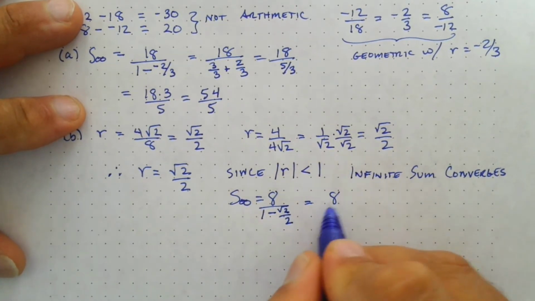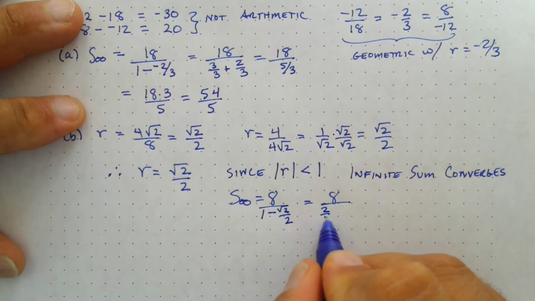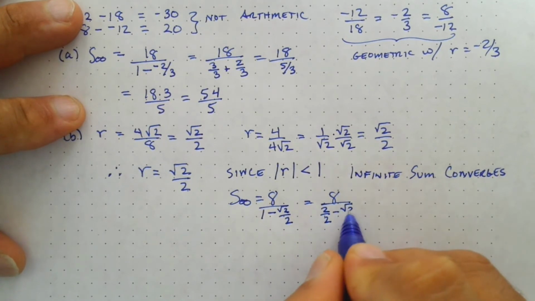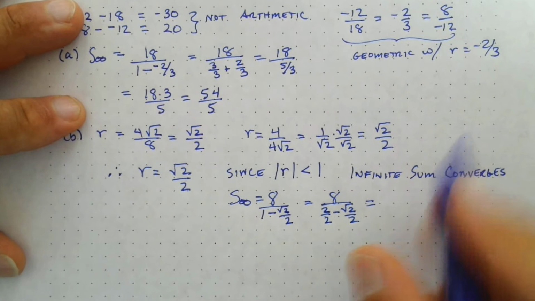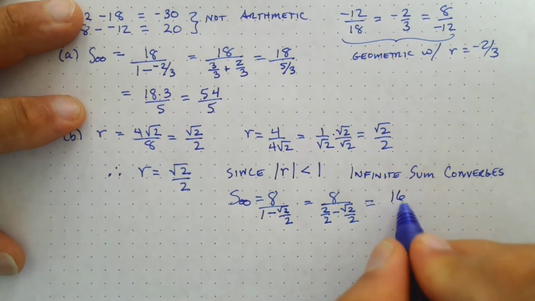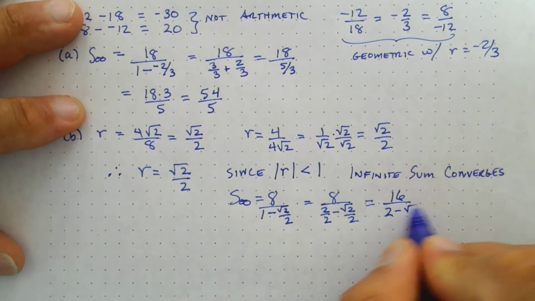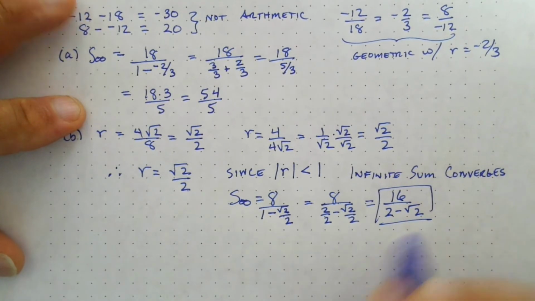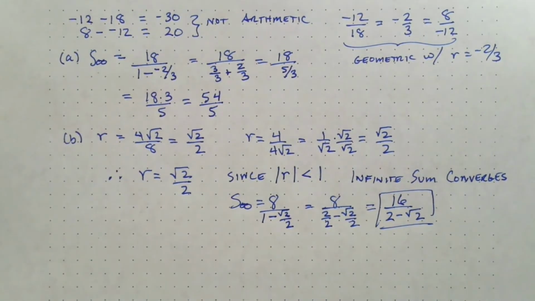So similar to what we did in the earlier problem, this is the same as 2 over 2 minus root 2 over 2. So what I would have is 16 divided by 2 minus root 2. And that is perfectly okay to leave as your solution. That is our exact value. Okay.